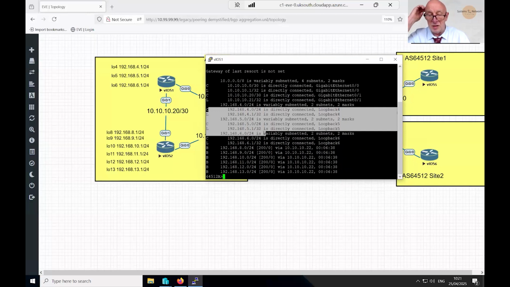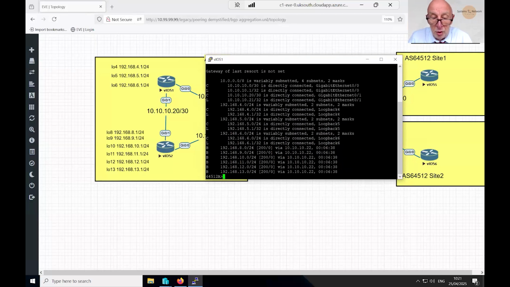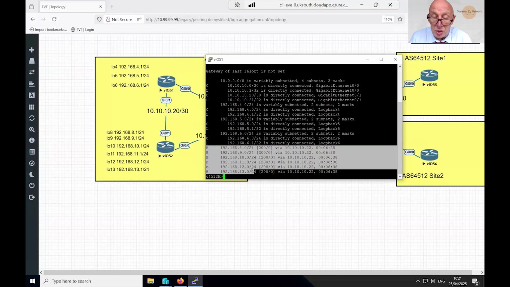These are all directly connected, plugged into the back of VIOS 1. Further down, there are also networks 192.168.8.0, 9.0, 10.0, 11.0, 12.0, 13.0. These are, of course, on this device here.